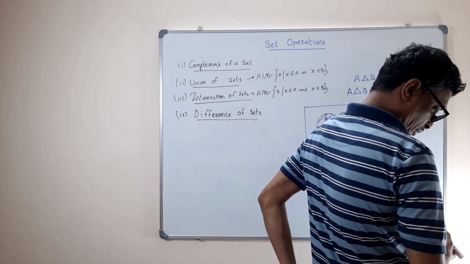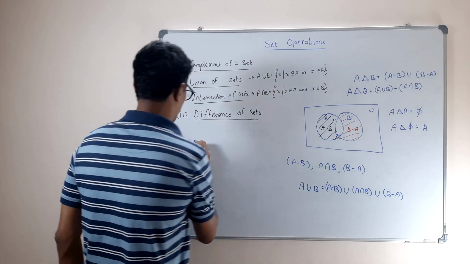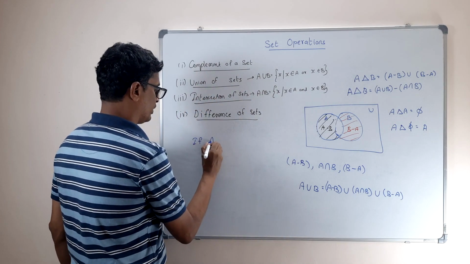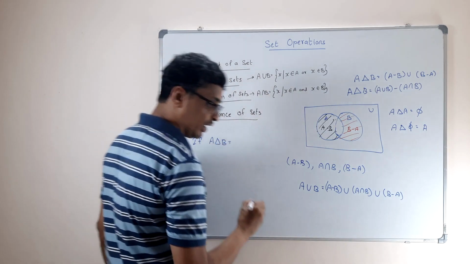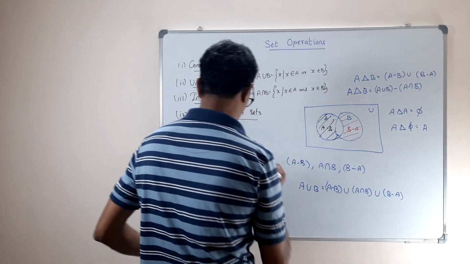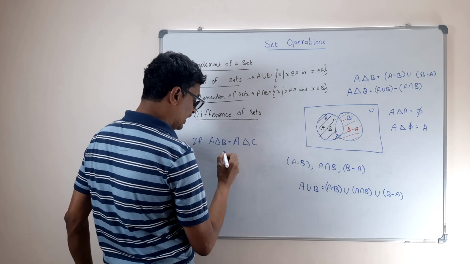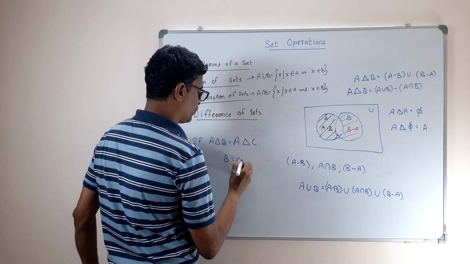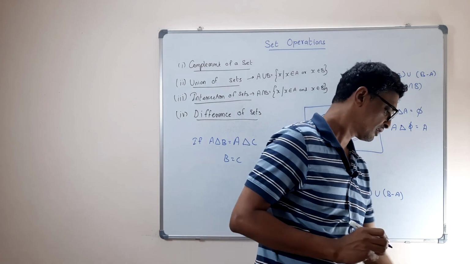This is an interesting property. Can you prove this? If the symmetric difference of A and B is equal to the symmetric difference of A and C, then B is equal to C. Am I right?